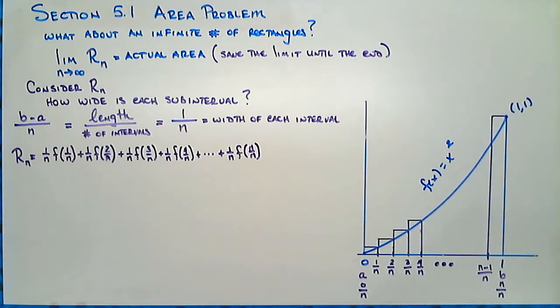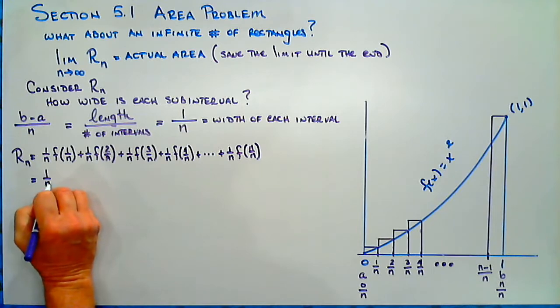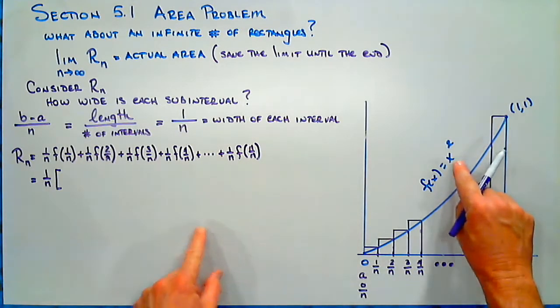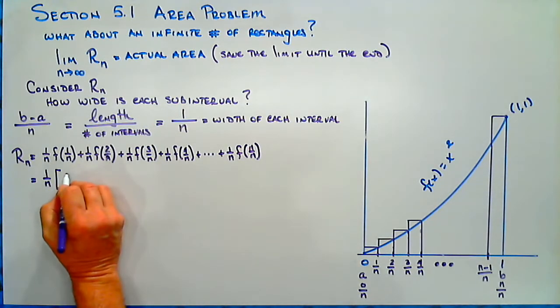And now, believe it or not, that math is not that hard. All of you can do that math. We're going to do exactly what we did with 4 rectangles. We're going to factor out the 1 over n. We're going to go ahead and expand these. Now, our function is x squared. 1 over n squared is, if we want to be honest, well, we can just write it if you want.